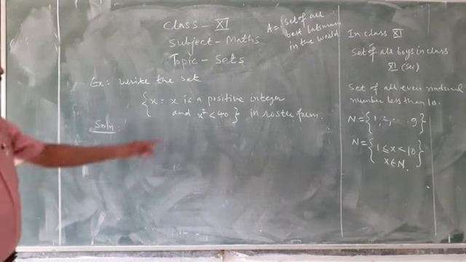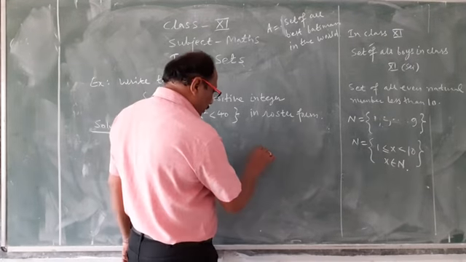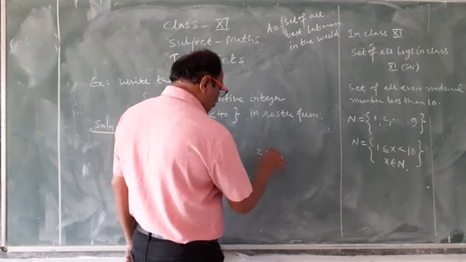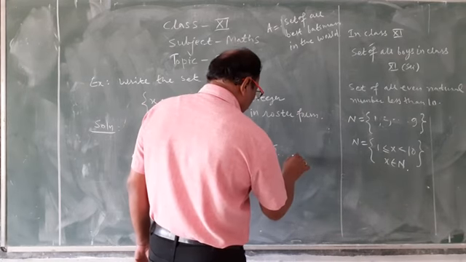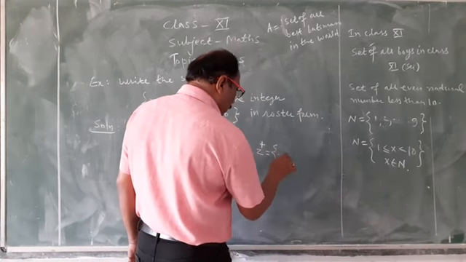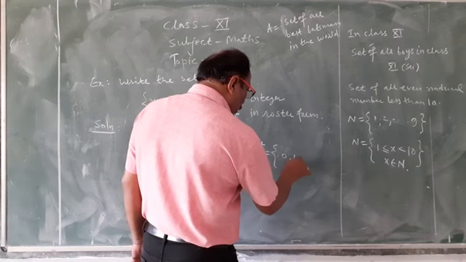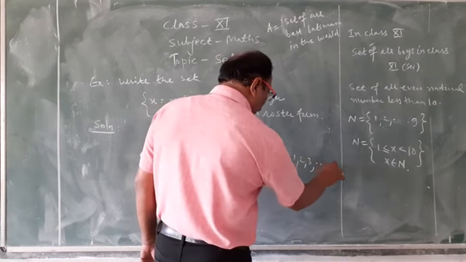X is a positive integer. Set of positive integers means Z plus means positive integers, 1, 2, 3, 4 like this.